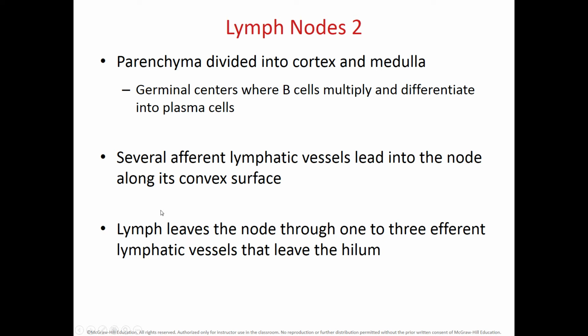So the parenchyma within the lymph nodes is divided into the cortex and the medulla. Another name for tissue will be parenchyma. And the germinal centers will be where the B cells will multiply and differentiate into plasma cells.